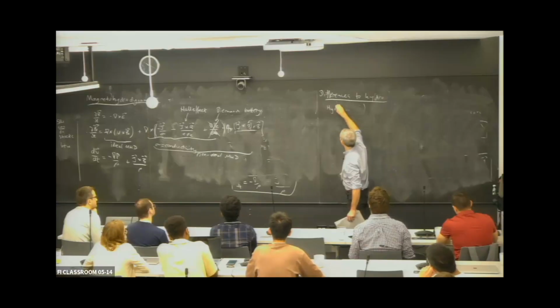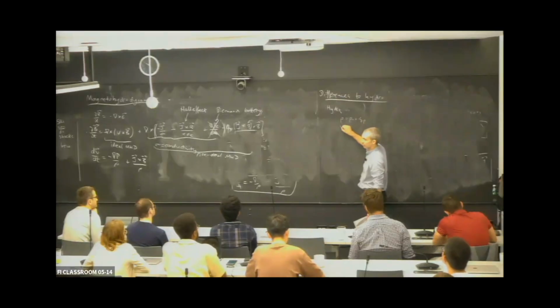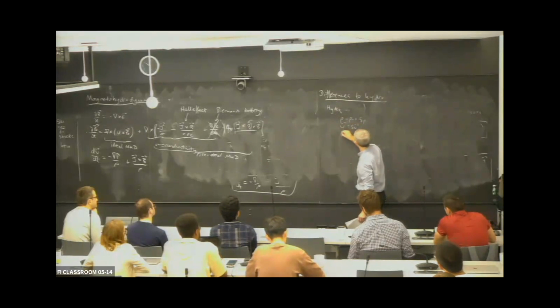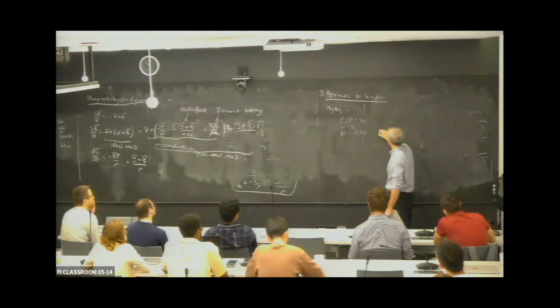Well, in hydro, what do you do? You take rho equals rho naught plus delta rho, V equals delta V, P equals P naught plus delta P, where delta P is sound speed squared times delta rho.